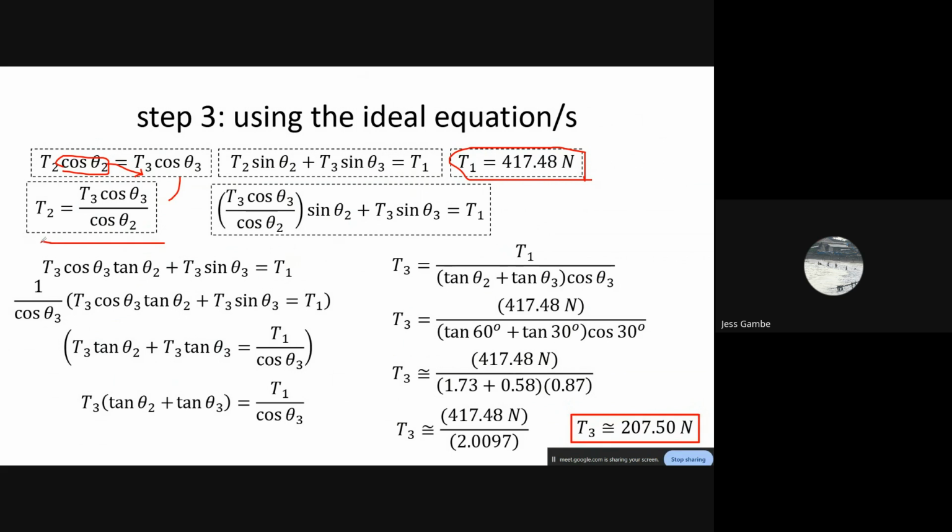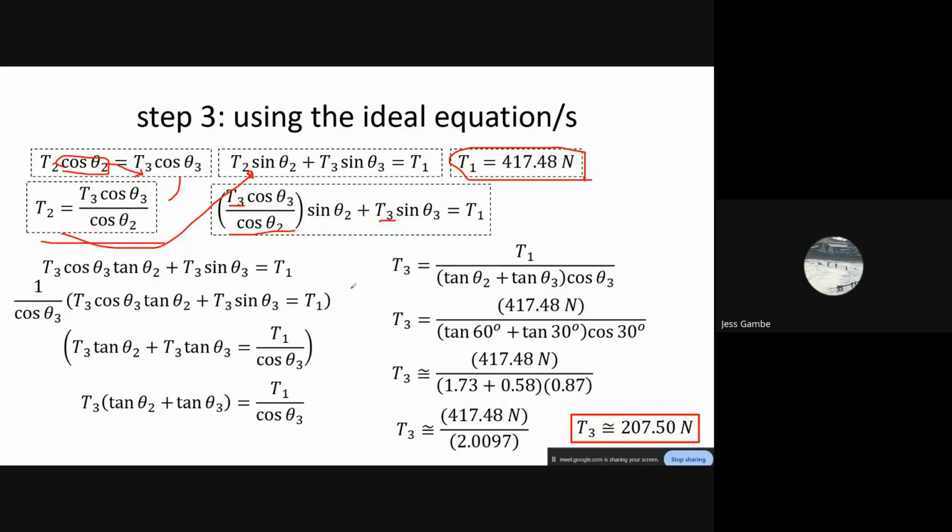The other one, you substitute the value of T2 here. T2 is T3 cosine theta 3 over cosine theta 2. Hence you have this expression, which now has only T3. So T3, what do we do?